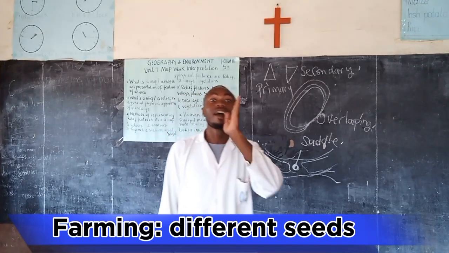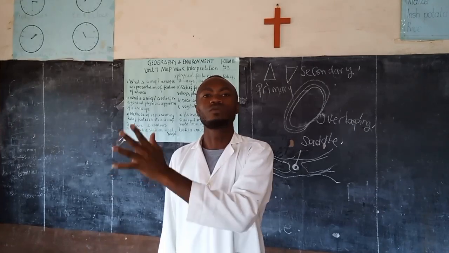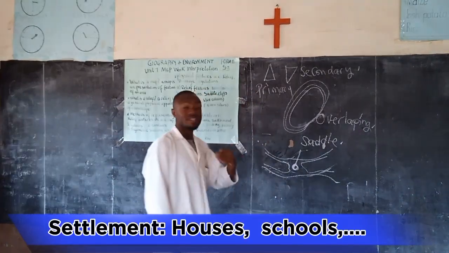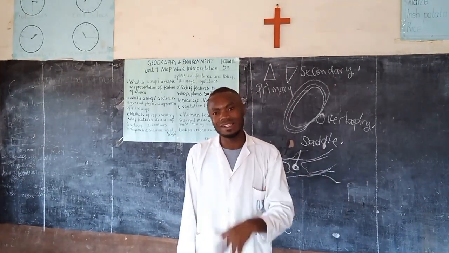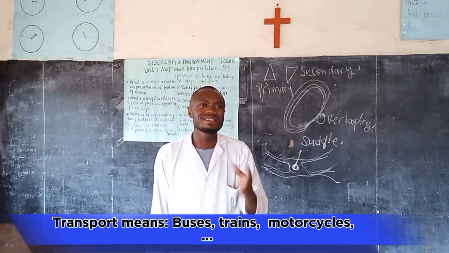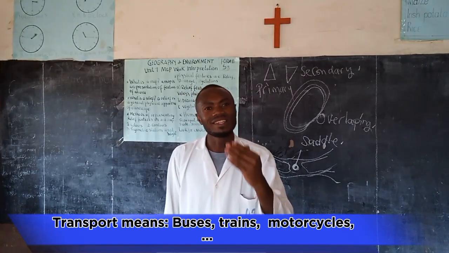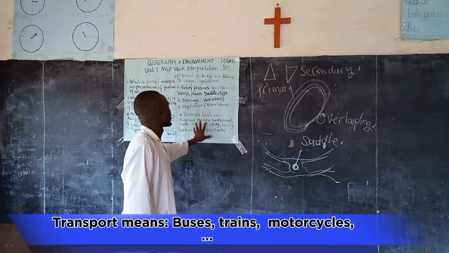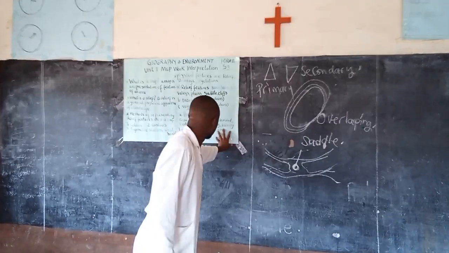Where you can find the houses, where you can find how people live together in a society, making sure there is settlement. Where you can find cars, buses, trains, motorcycles, making sure that in that place there is transport and many activities. Those are the evidence on a topographical map.